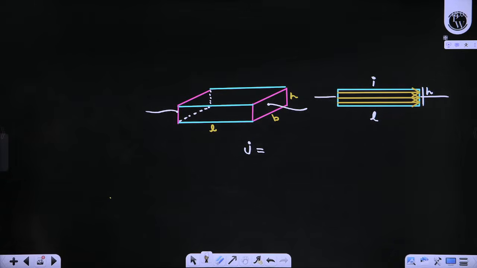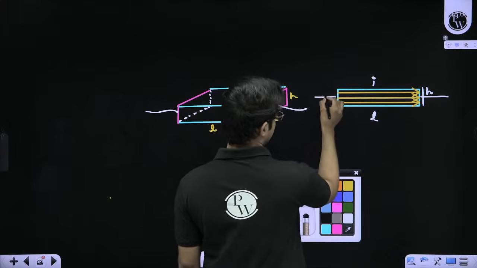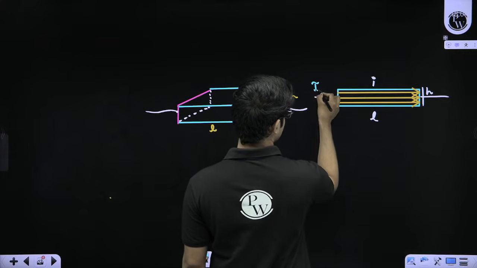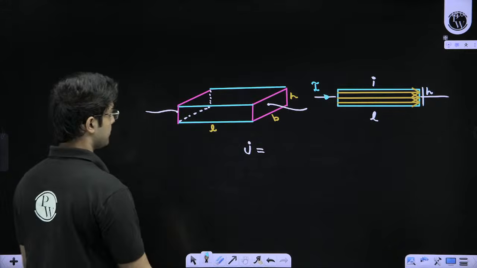So that is the question. Current's magnitude, you can take it as I. Okay, the current flowing through this conductor, you can take it as I.